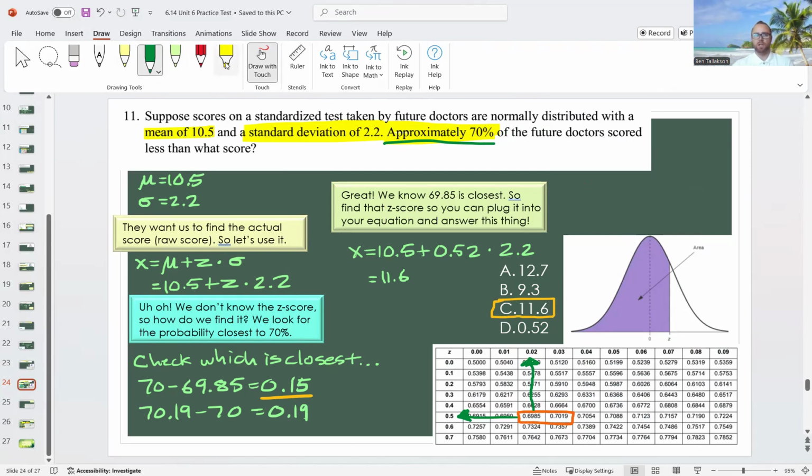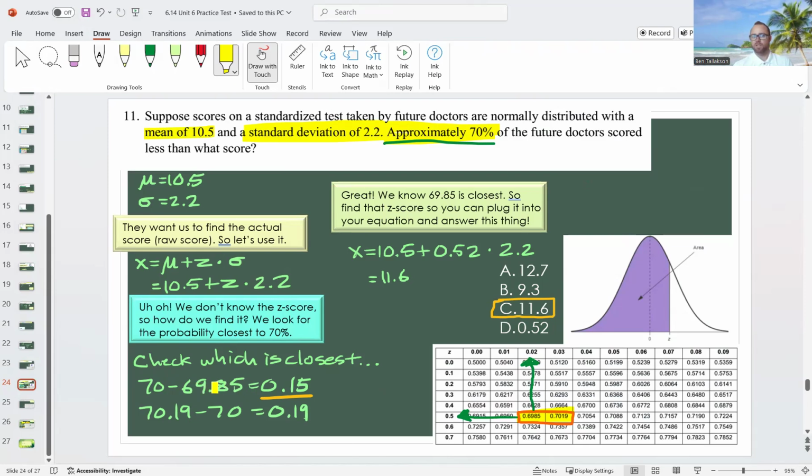Okay, so the plan is to look through your z-score tables to find the percent closest, or the decimal, I should say, closest to 70. And these two look awfully close. A little subtraction will go a long way here. To find out exactly which one's closer, I do 70 minus 69.85.